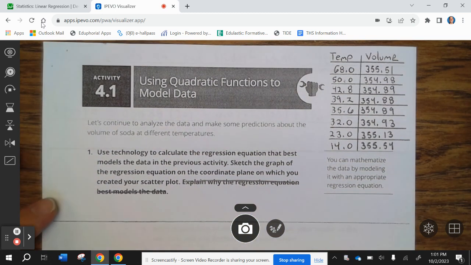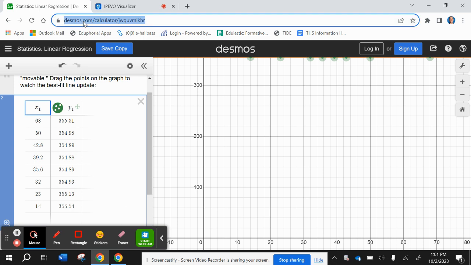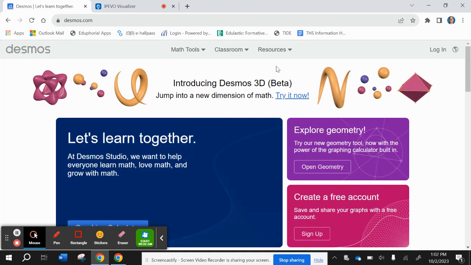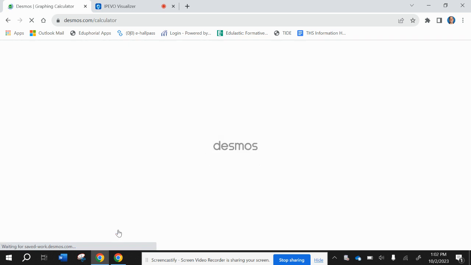Okay, let's go ahead and get to the regression. So I'm going to go to Desmos.com. I'm going to go to Graphing Calculator.